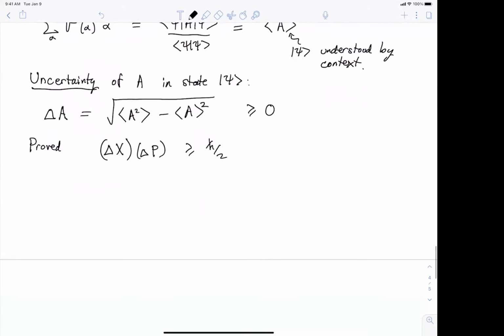And then for two operators A and B, delta A times delta B is always greater than or equal to 1/2 times the magnitude of the commutator between A and B. Okay, and for position and momentum, we found several states that obey this with an equality.